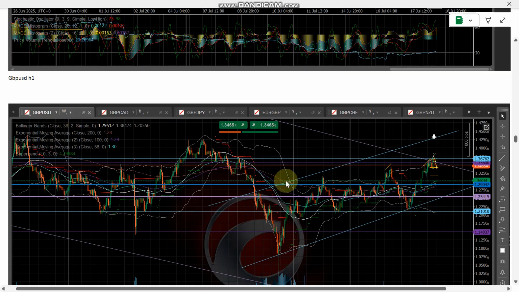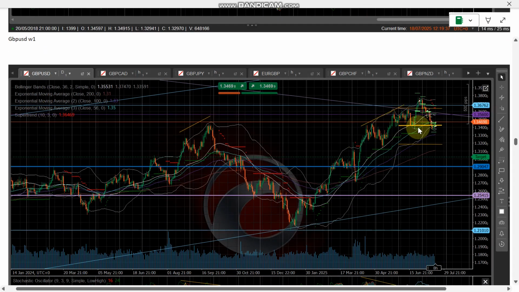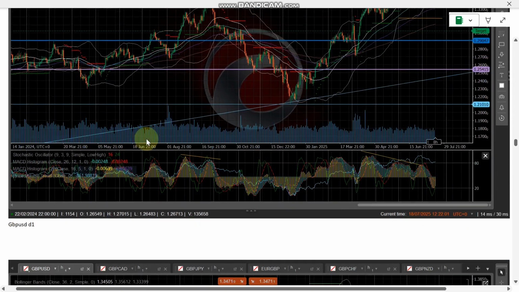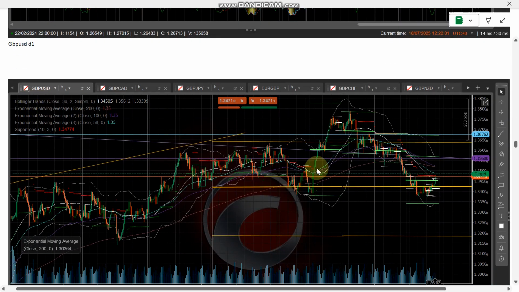This is the weekly. Go to daily GBP USD, bridge the daily, but pulling back. Still in the daily. Daily still in control. 4 hour GBP USD 4 hours.